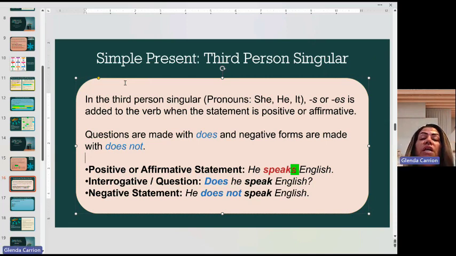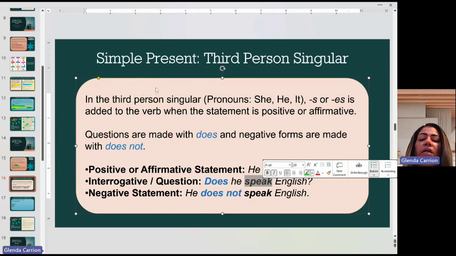So whenever it's she, he, or it, you would add an S or an ES to the verb when it's affirmative. But when it's negative, you will use the auxiliary verb does, but the verb will remain without the S. Are you following? Look at this. Does he speak English?